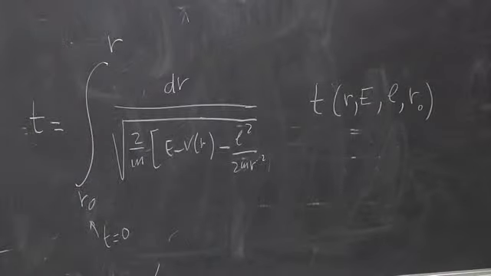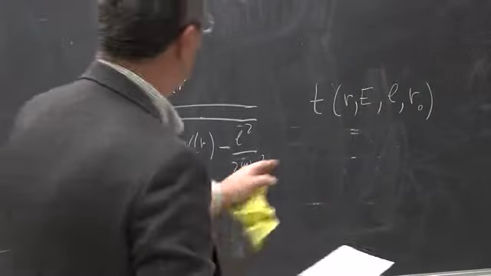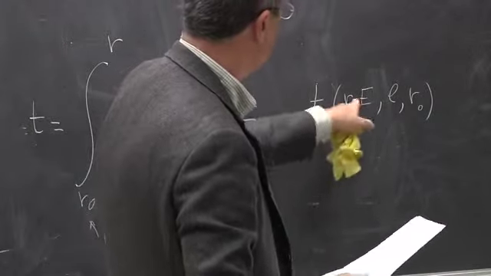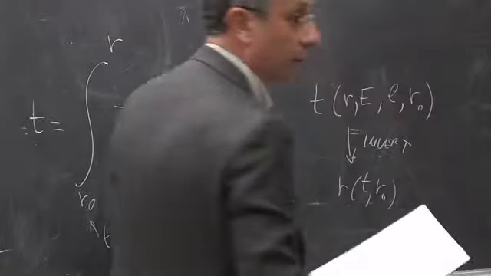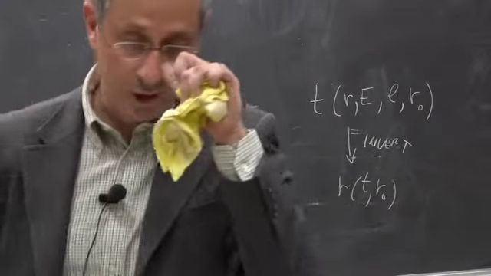That's the solution, that's the trajectory. And once I know this, I just invert it and I get r of t, so you invert and you get r of t and r0, and of course the energy and the angular momentum.